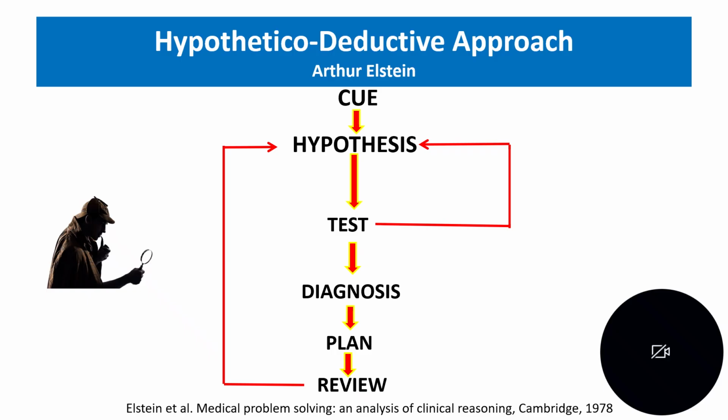All I heard that was the cue for me was pain and tingling in the thumb and index finger. What hypothesis have you formed? I'll tell you the hypothesis I formed. I went, this is more likely to be, and if you thought carpal tunnel syndrome, you would be absolutely correct.